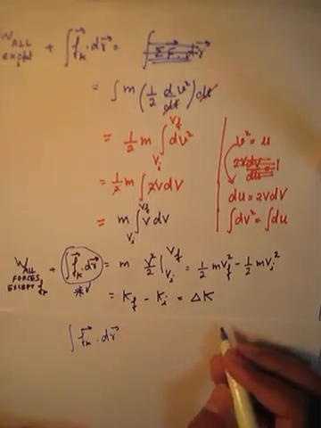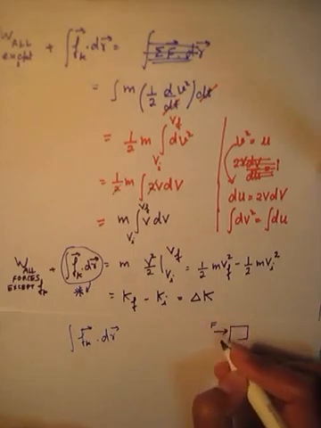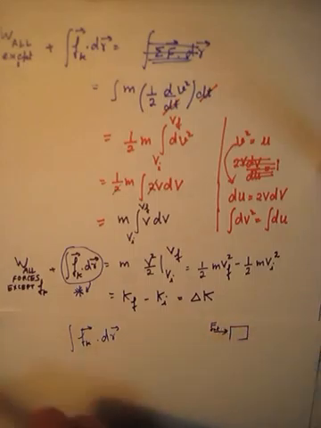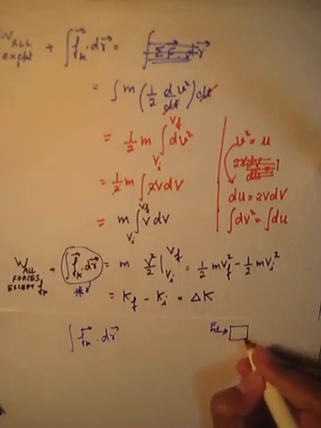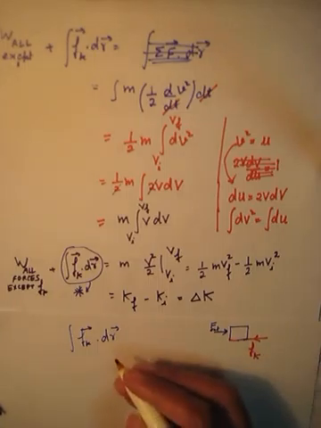Now when we are moving the mass, we see that the force is being applied in this direction, external force, and on this object the frictional force is acting opposite to the external force and the displacement.